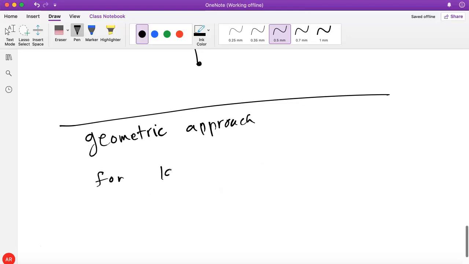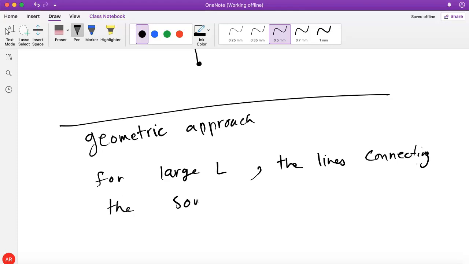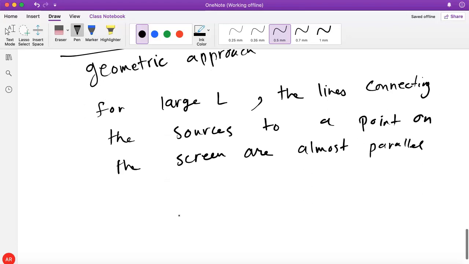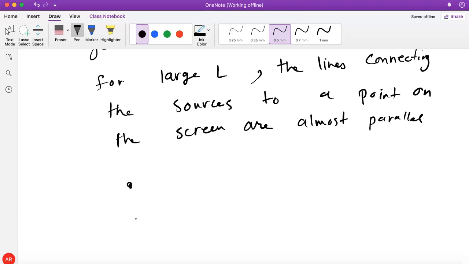So for large L, we're saying the lines connecting the sources to a point on the screen are almost parallel. So here we have source 1, source 2, distance d, and let's say these lines form some angle theta here.